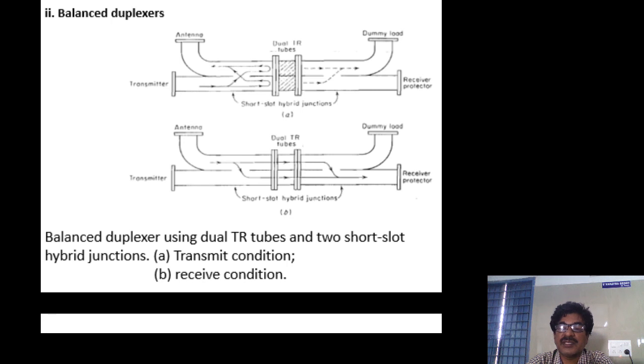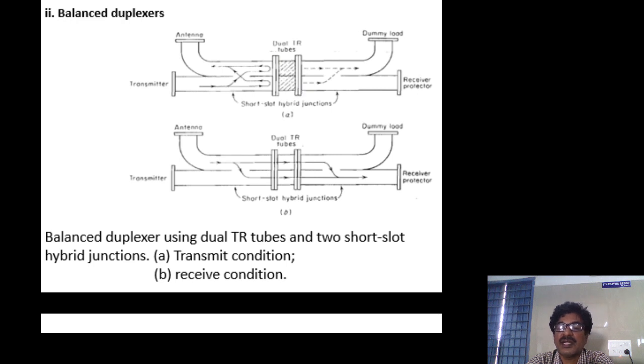Wherever they touch, we have a slot that acts as a short slot hybrid junction. This is one hybrid junction, this is another hybrid junction. This model consists of two TR tubes, one TR tube in the upper waveguide and another TR tube in the lower waveguide.